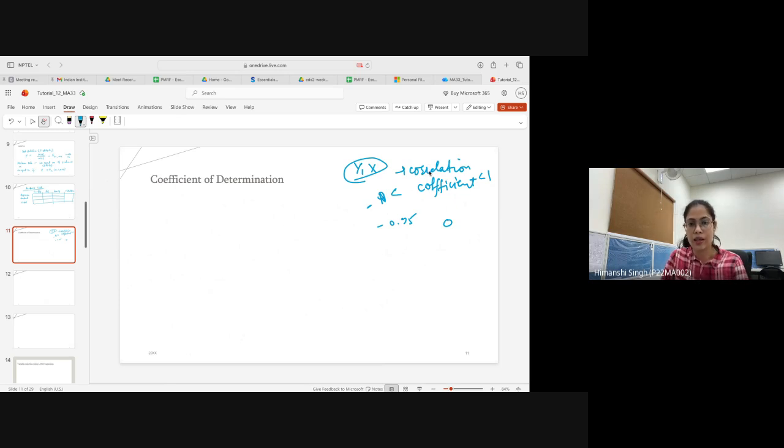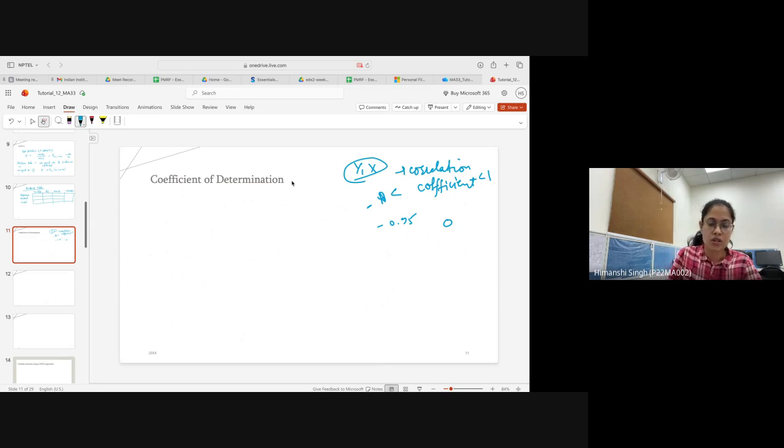That was for two variables, but here we are discussing multiple linear regression. For that, a similar kind of quantity is there, which measures the linear relationship between a dependent variable and more than one independent variable.